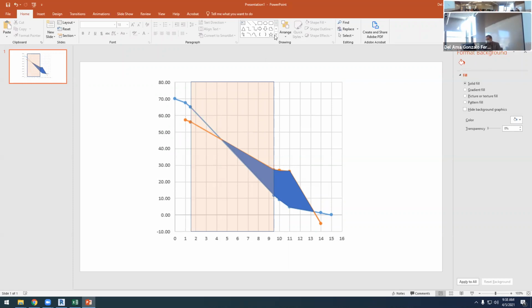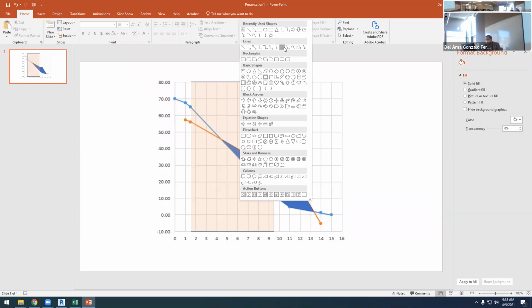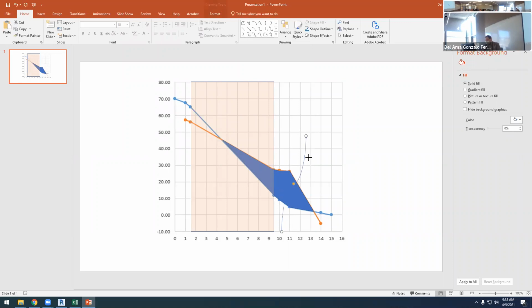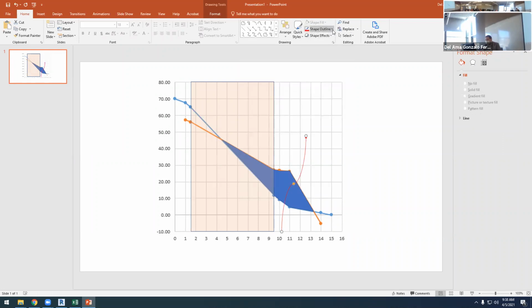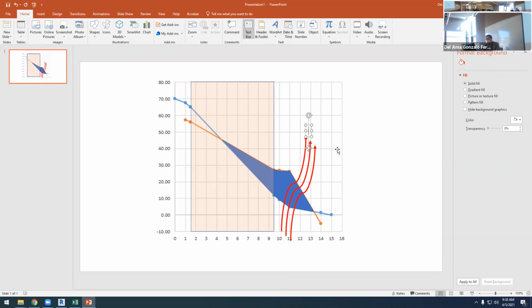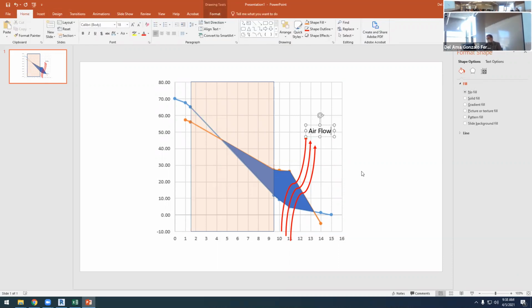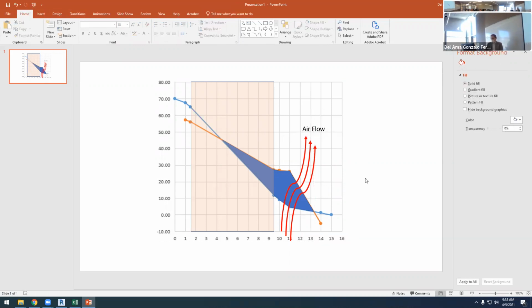But if we have an airflow here, it doesn't matter because we will end up drying this out.